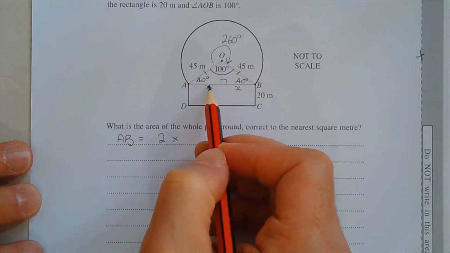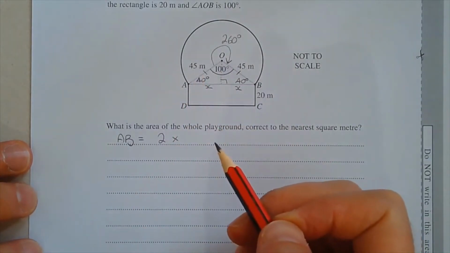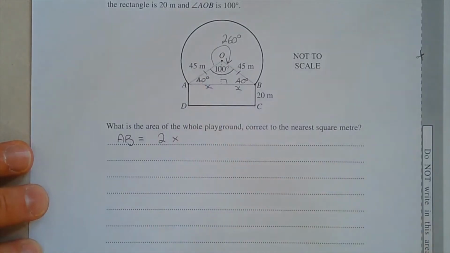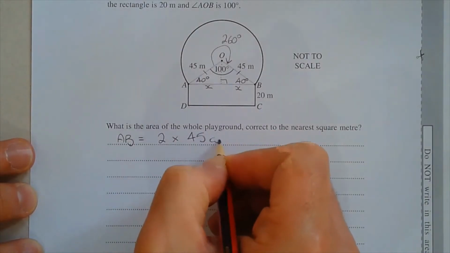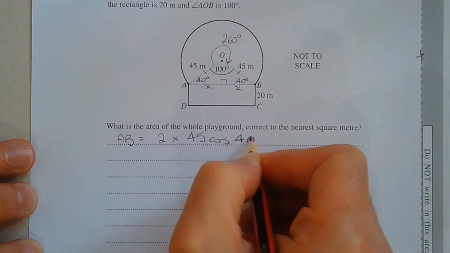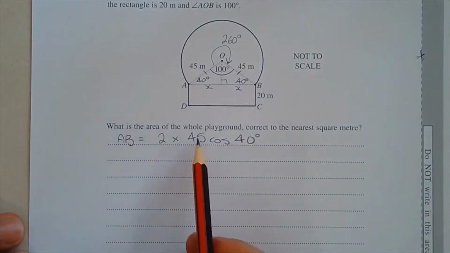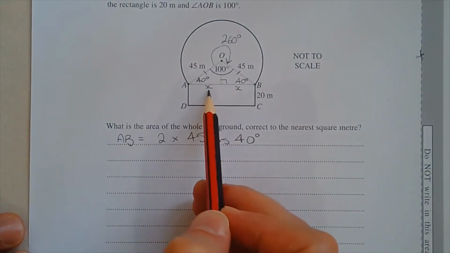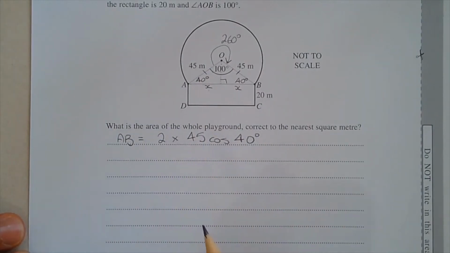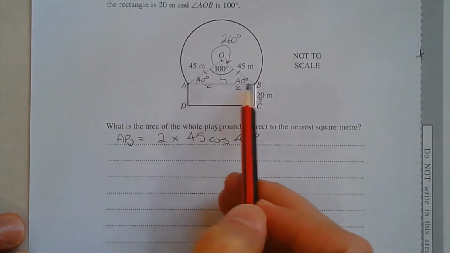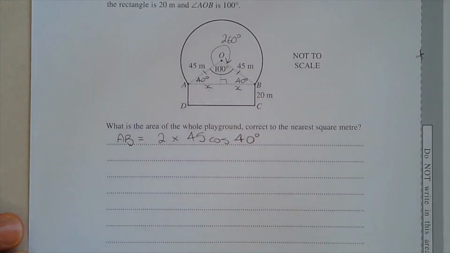So that's going to be X on 45 is equal to cos of 40. So 45 cos of 40 will give you X. 2 times 45 cos of 40 degrees will give you 2x, so it will give you this entire length AB.